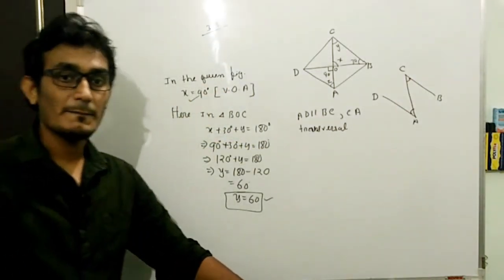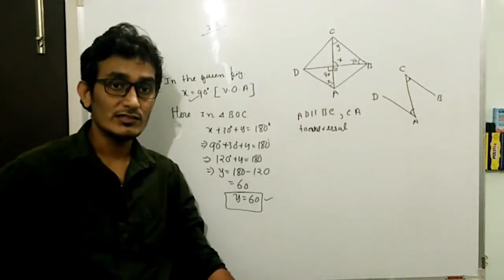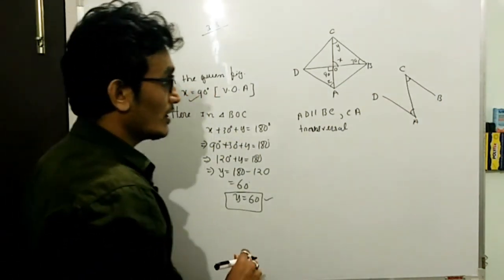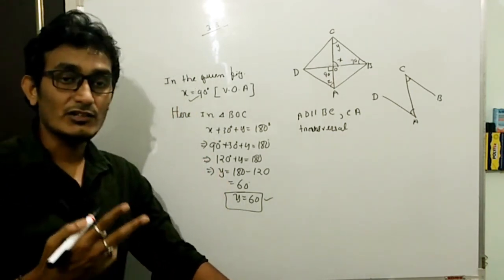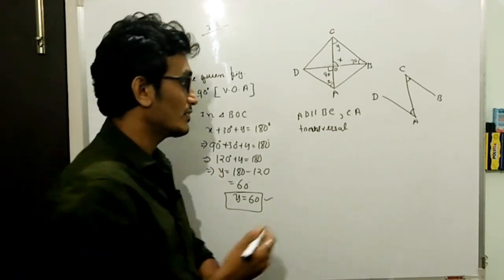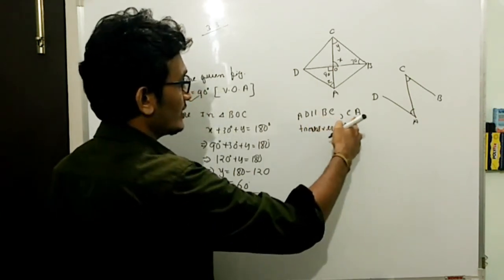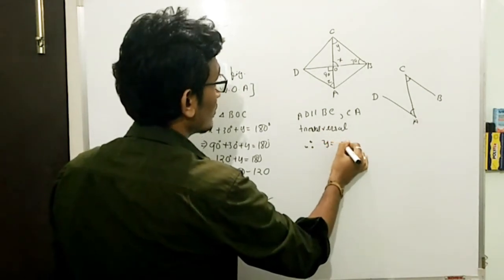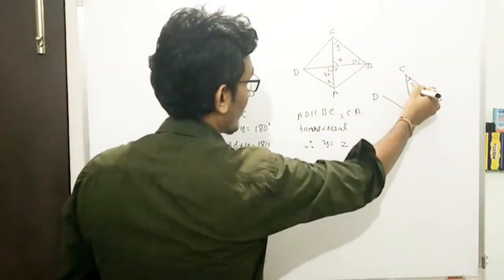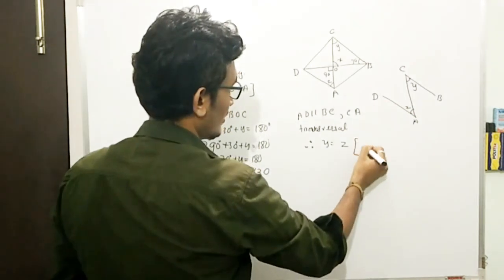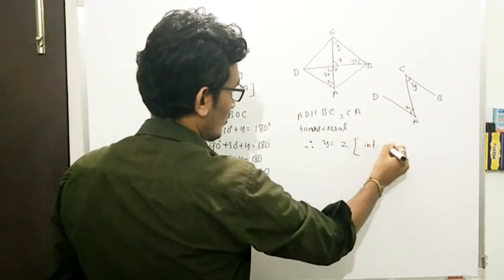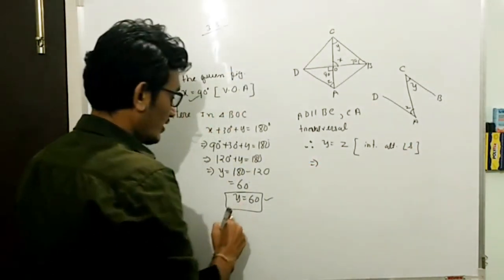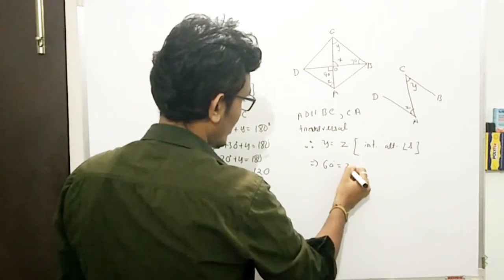Why are they equal? Because they are alternate interior angles, and when two lines are parallel, alternate interior angles are equal in measure. Therefore Y equals Z. Y we know is 60 degree, so Z is also 60.